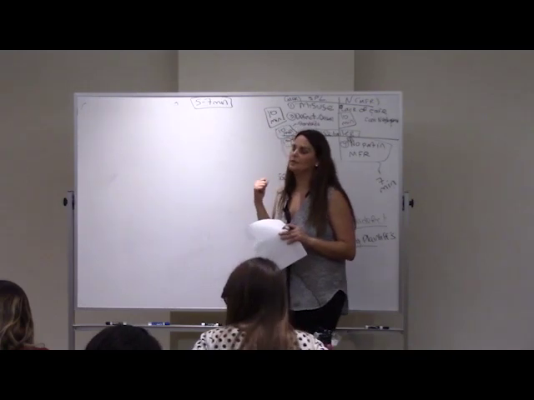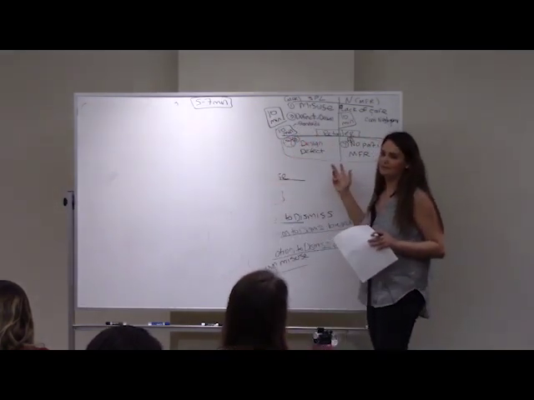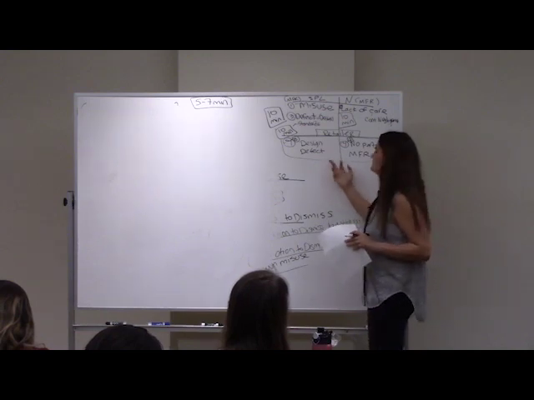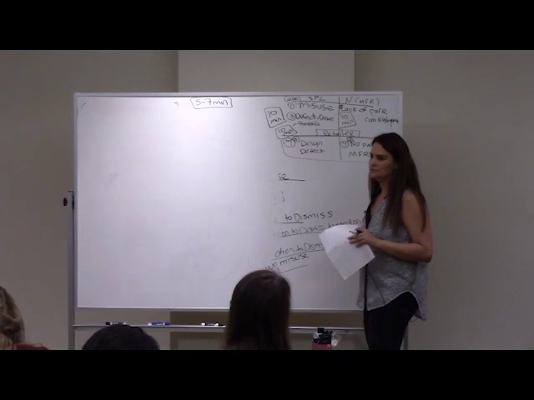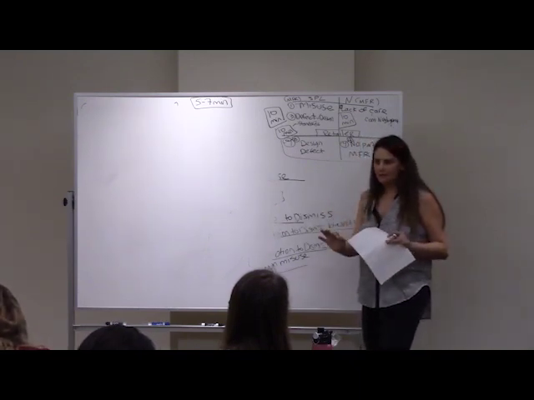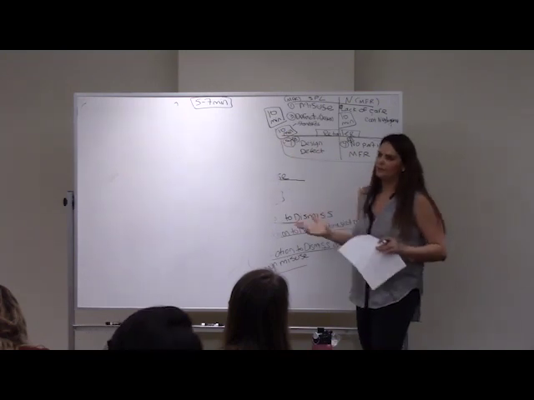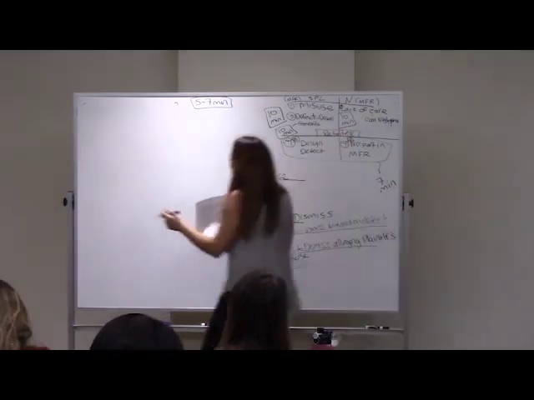Okay, but also we haven't analyzed negligence yet, and the retailer wants to dismiss based on both of them. So I would wait to discuss negligence. As long as it's organized and clear, you can do it a couple different ways. There's no one way to do this. All right? Let's keep going.